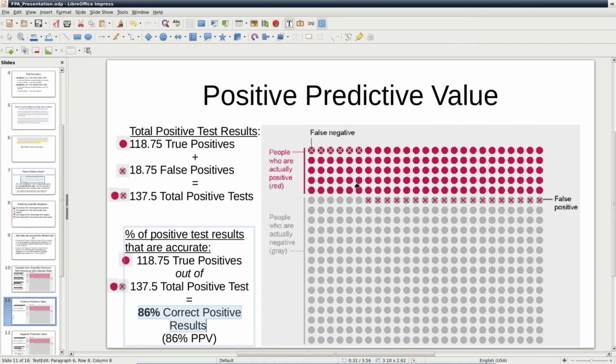So in our scenario, with a 25% infection rate, the 95% true positive rate test only gives us 86% correct results. We call that 86% the positive predictive value, which means that 86% of the positive tests are true positives.